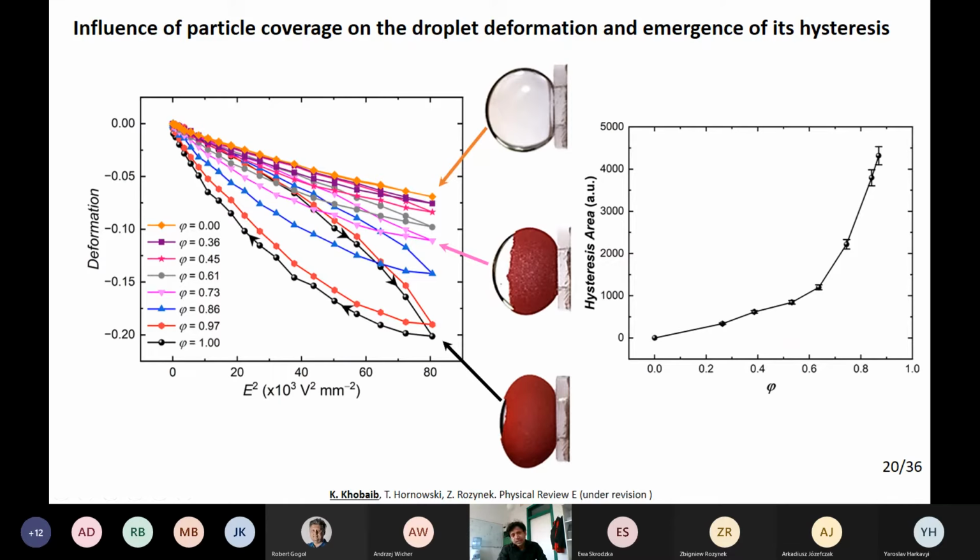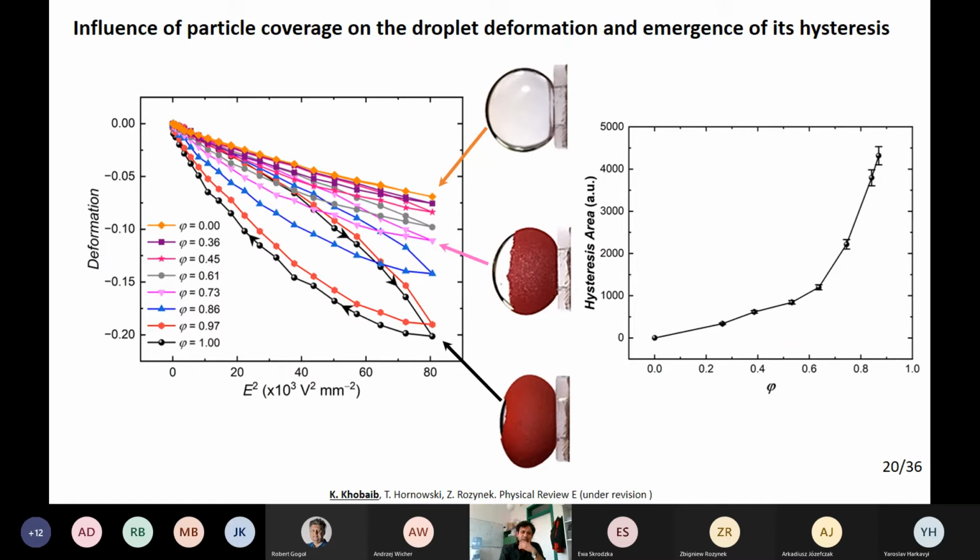What we found is that in our system there is heat dissipation. Where is this heat dissipation coming from? It comes from the rotation of the particles. Our particles rotate at the droplet interface, and there is also some gliding of the particles and some viscous drag forces.